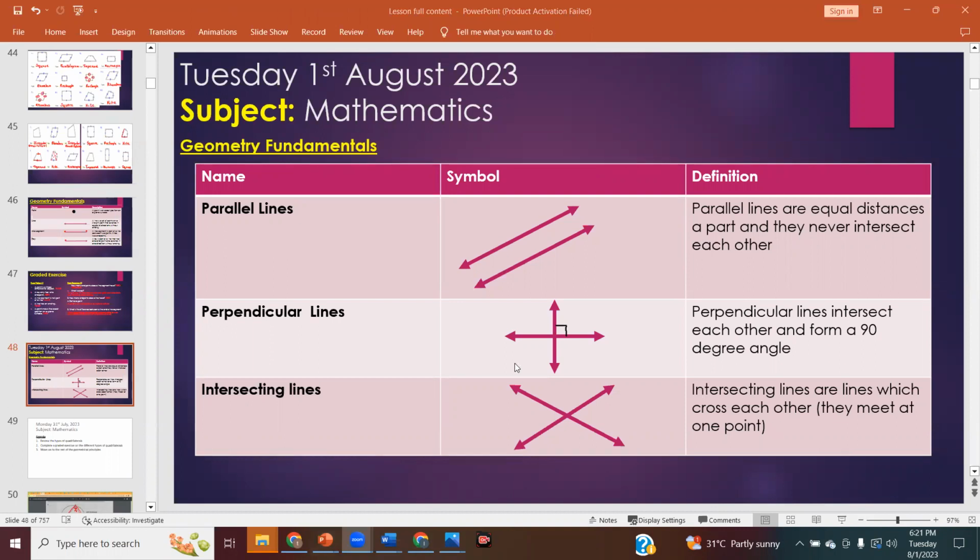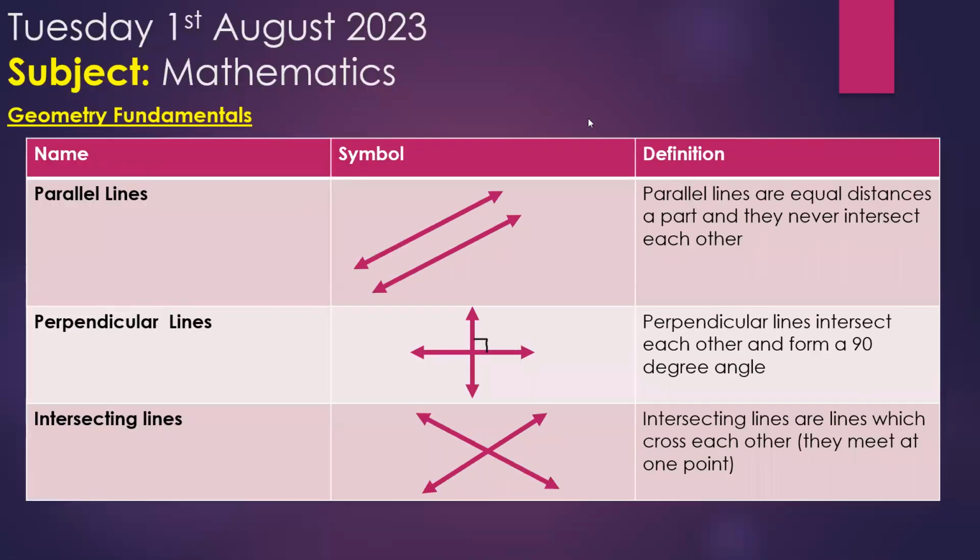Okay, so that's intersecting lines. Those are the three types of lines that we have. Anastasia, what are parallel lines? Parallel lines are an equal distance apart and they never intersect each other.